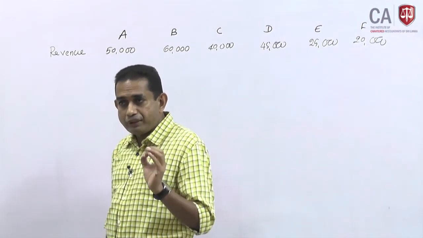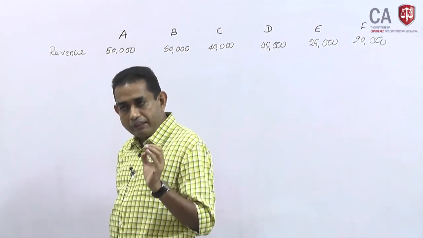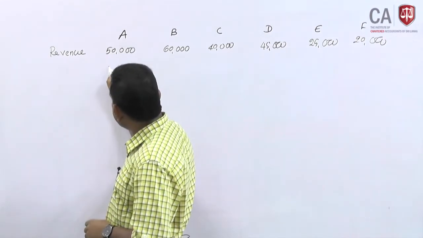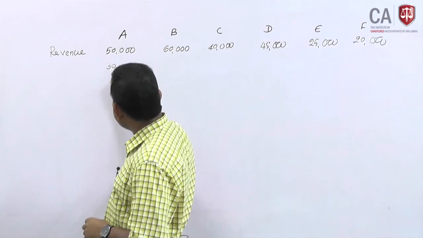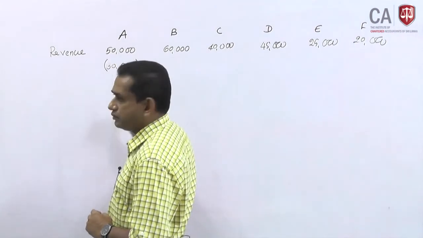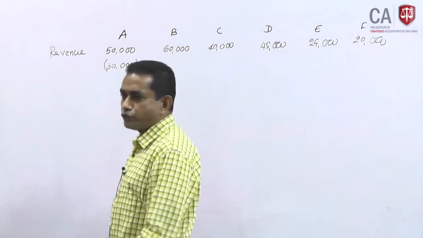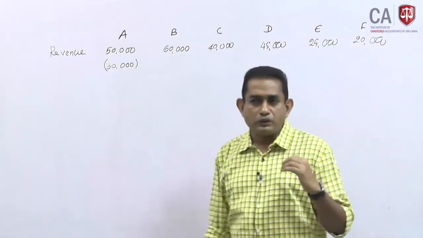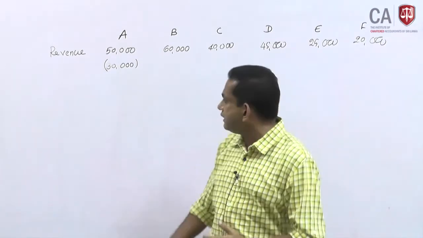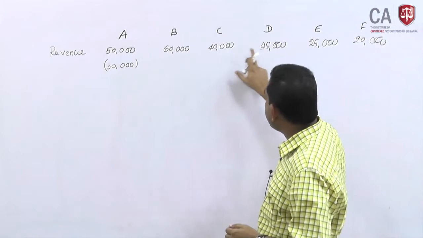Included in this 50,000 revenue of segment A is a revenue of 30,000 which is intersegmental. Out of 50,000, 30,000 revenue has been generated by selling goods and providing services to the other segments within the same company.